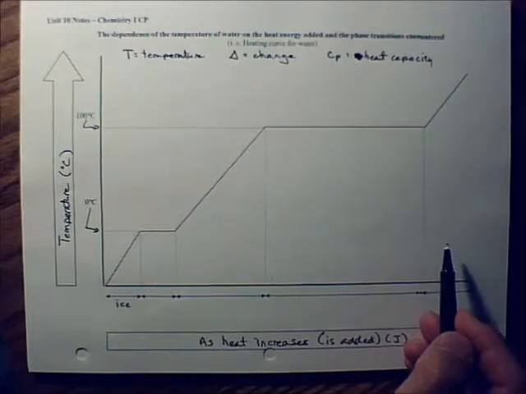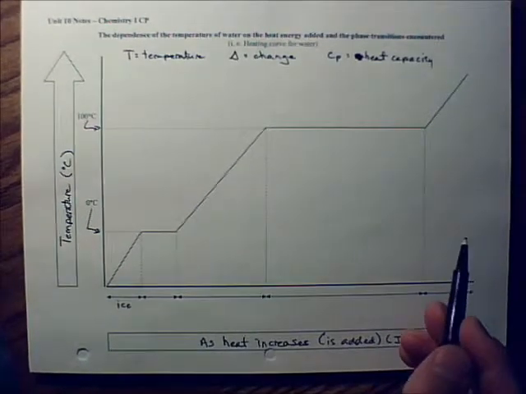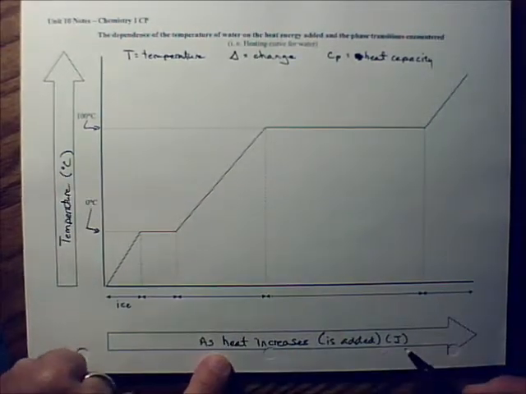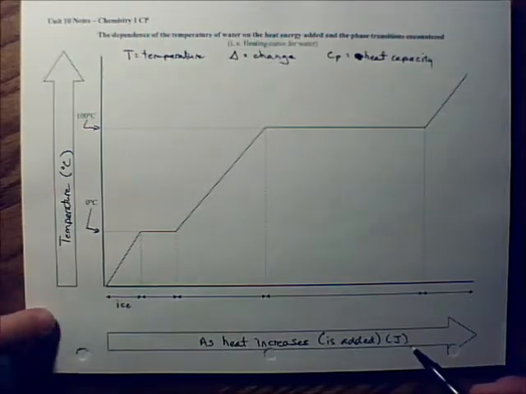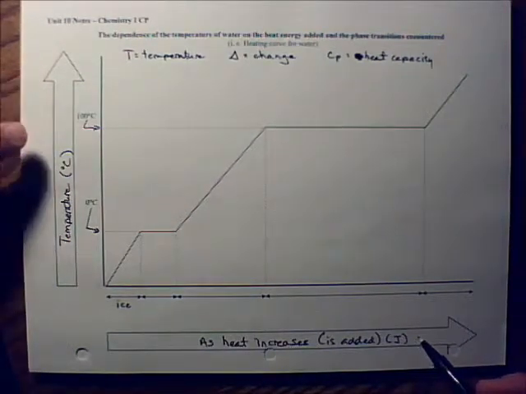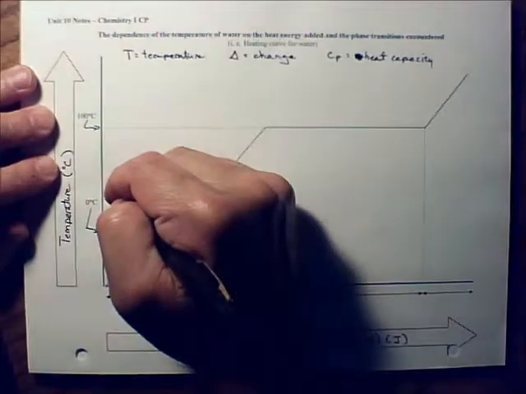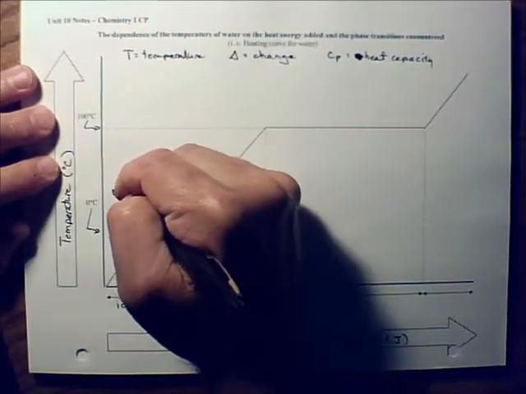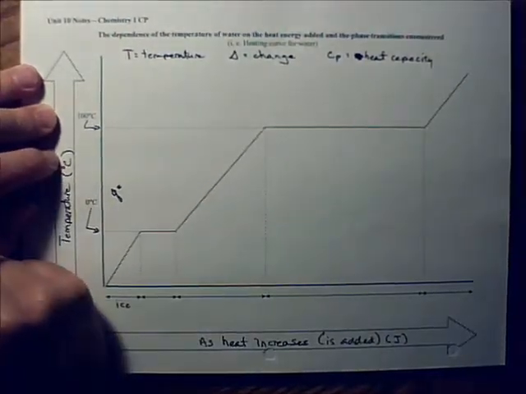All right, but the relationship between the amount of heat energy and the temperature is defined by this equation right here. It's Q, which is how we represent heat energy.